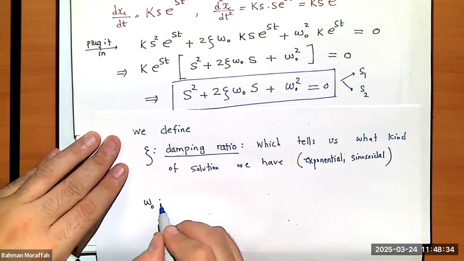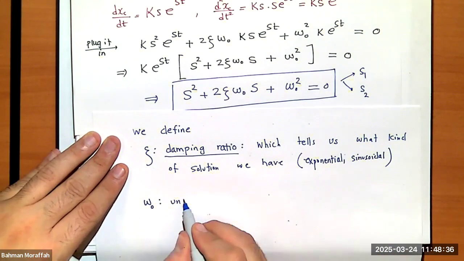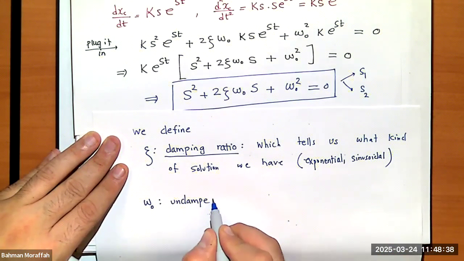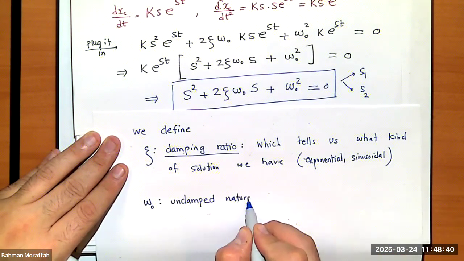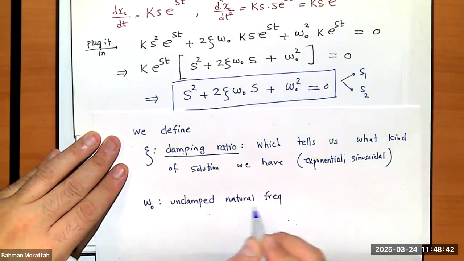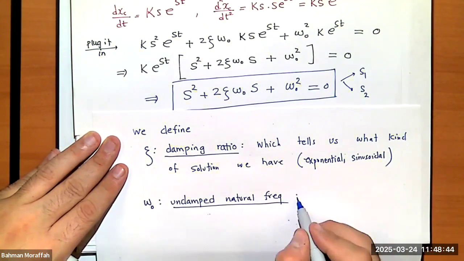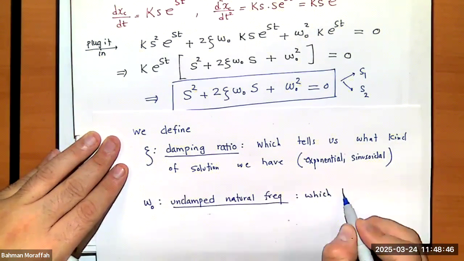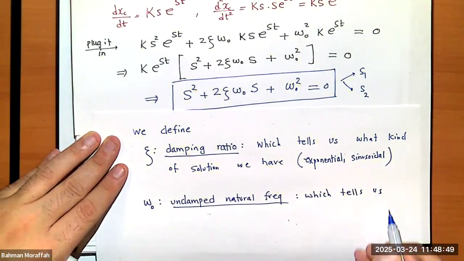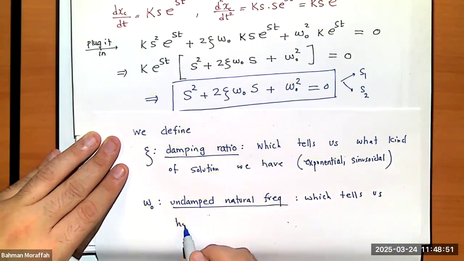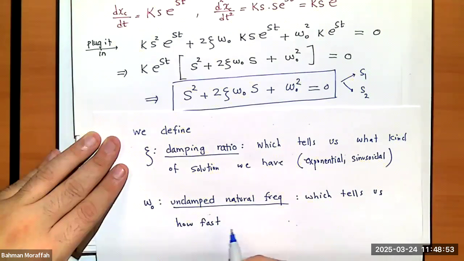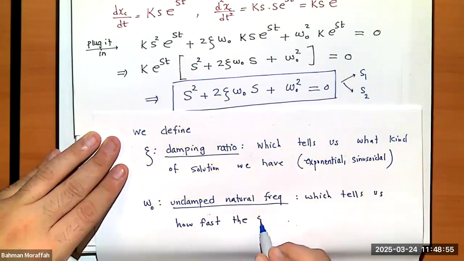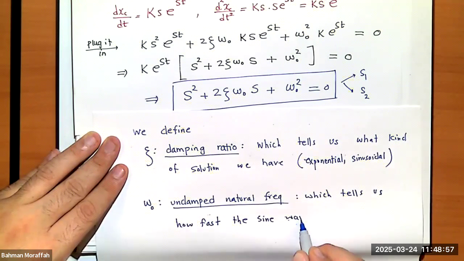And this omega naught, which we call the undamped natural frequency, tells us how fast the sine wave oscillates.